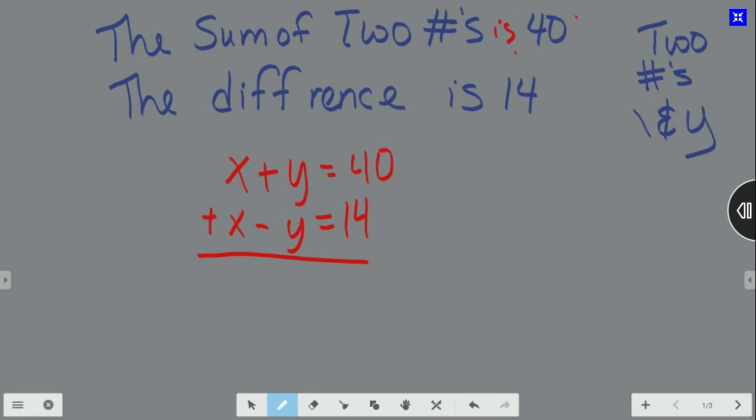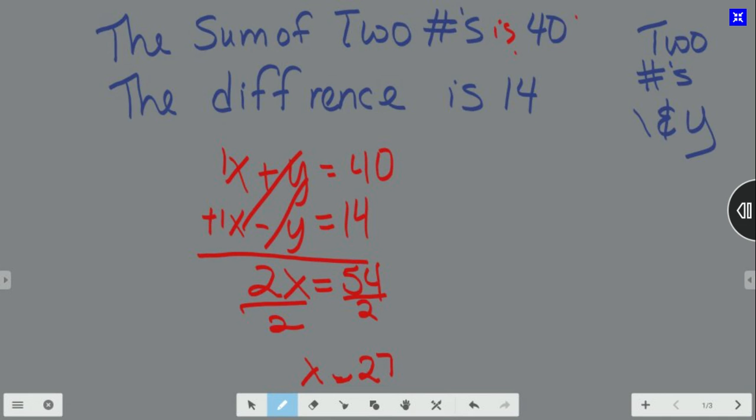All right, now when we add it, we eliminate the y's, because a positive y and a negative y just wipe each other out, right? Positives and negatives cancel. And 1x plus 1x is going to give me a 2x, gives me x is equal to 27. Good.